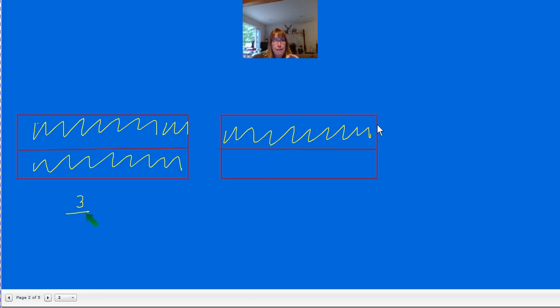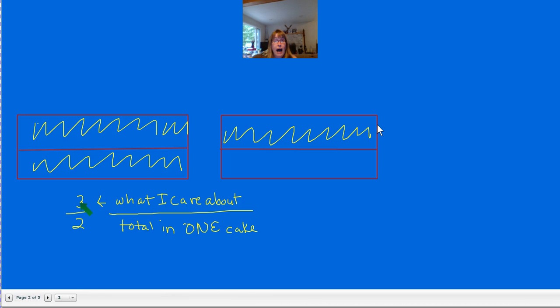Now, remember, the top number is what I care about, and the bottom number is the total in one cake. So I care about what I'm going to get to eat, and that's the 3 pieces. But there's only 2 in a cake, and this is called an improper fraction because this is more than 1.